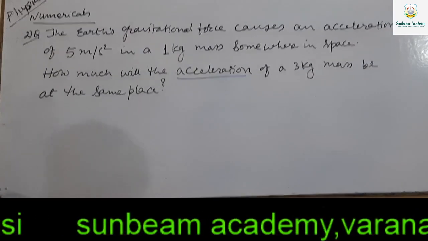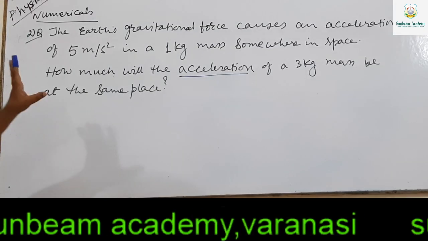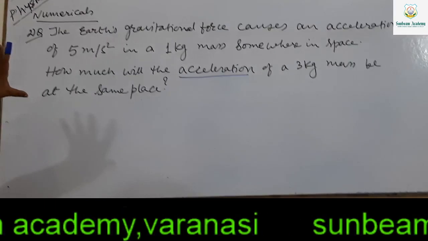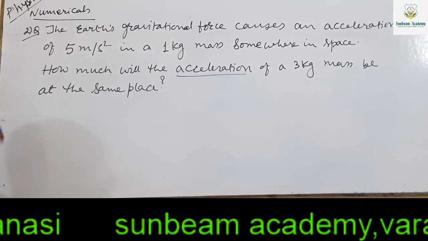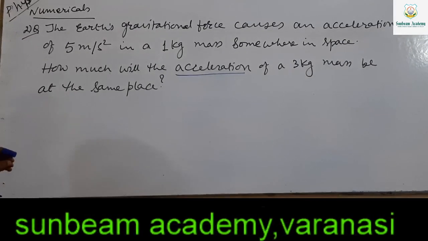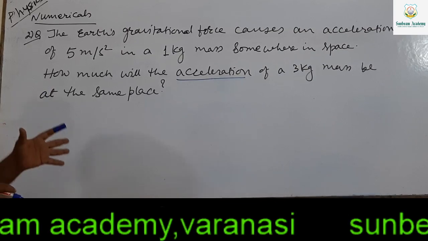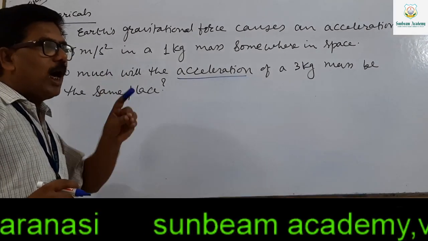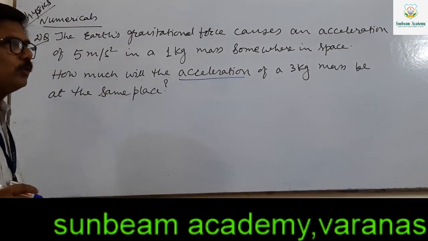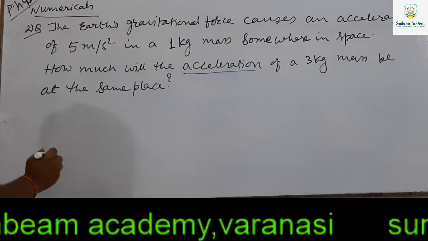Now children, this is basically a theoretical question. Here we don't have to do any calculation. We have to see the formula of acceleration due to gravity, which you have seen.